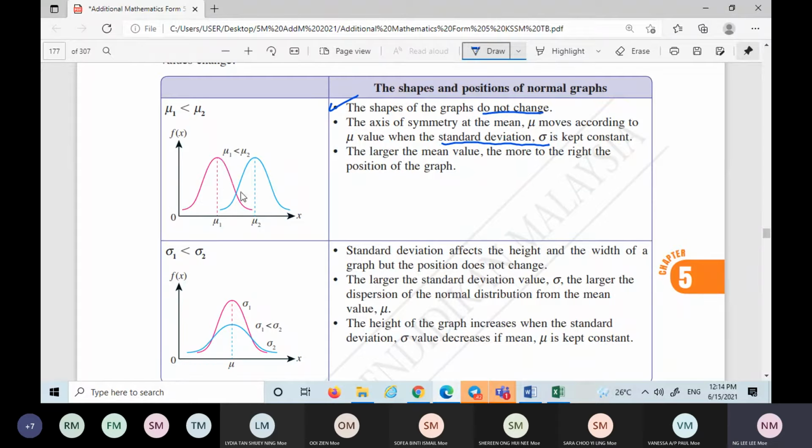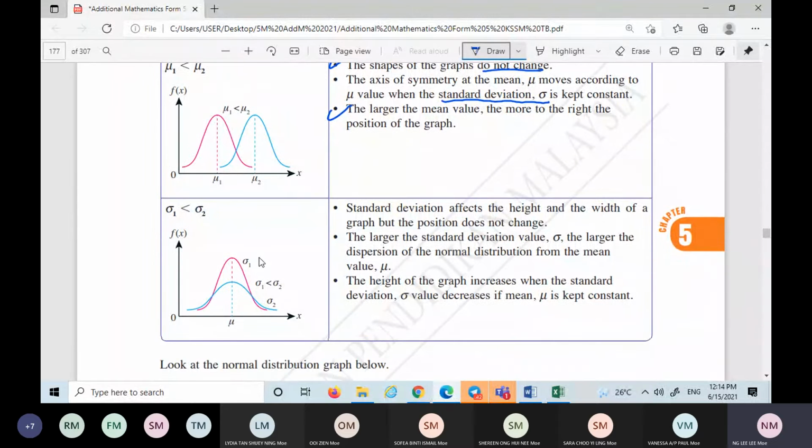It's like you copy this pink graph and paste it in another place. If the means are different, the one with the larger mean will be more on the right-hand side. The larger the mean value, the more to the right the position of the graph. This one you have to know.